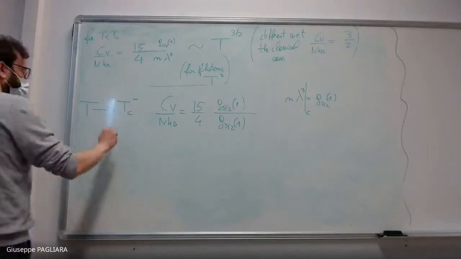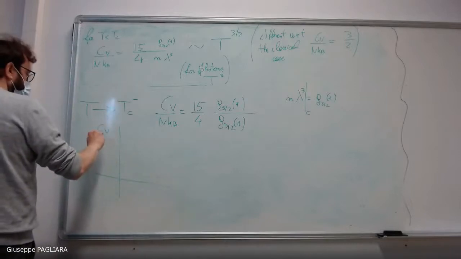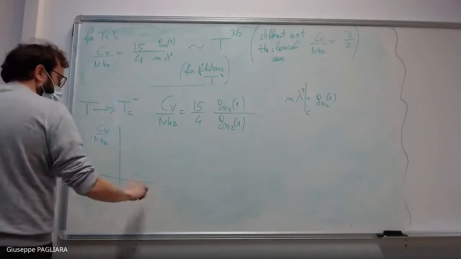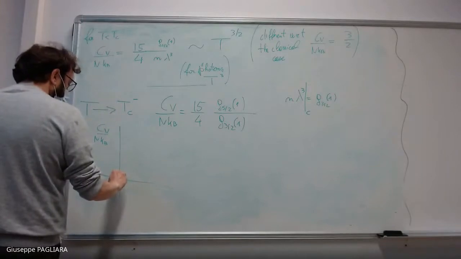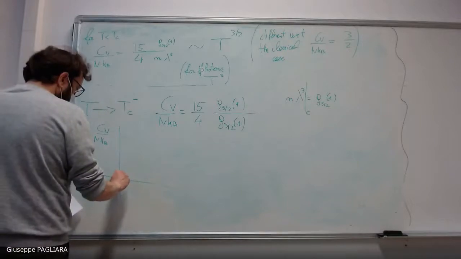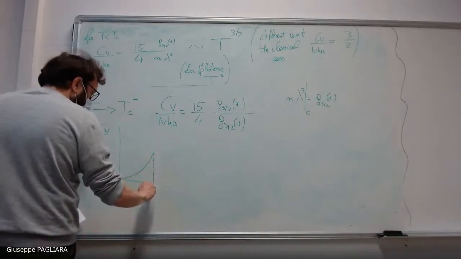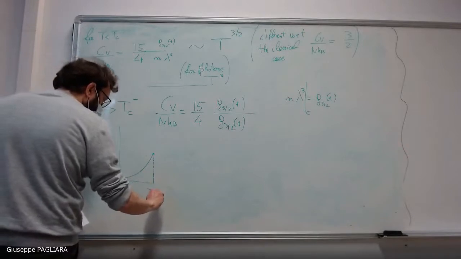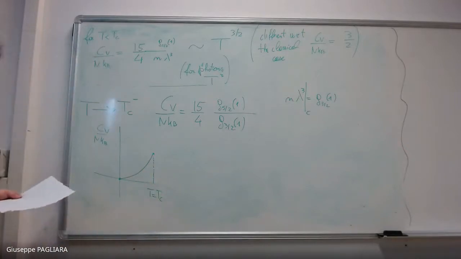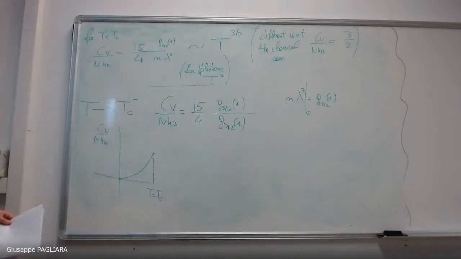Therefore, I can make a plot now of the CV divided by N kB. Here we'll have a behavior like T to the power of 3/2, then it increases and reaches a certain point at T equal to Tc, where I have a finite number, which is this 15/4 times the ratio between these two numbers.